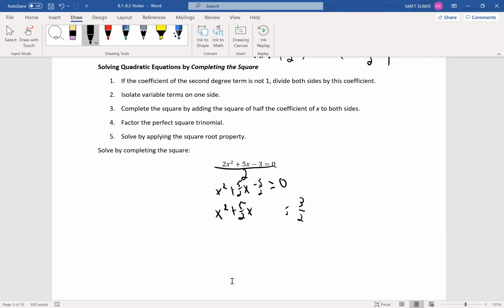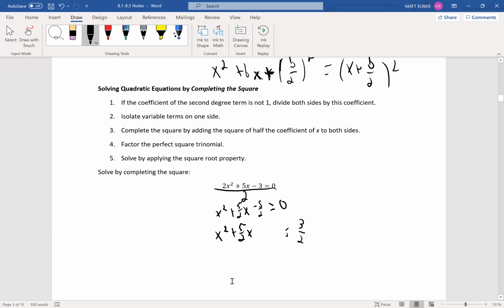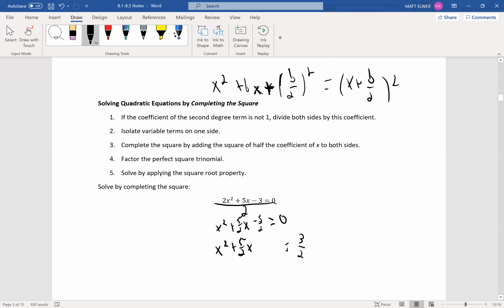The reason I left some space is step 3: I want to complete the square by adding the square of half the coefficient of x on both sides. That's just this b over 2 squared term. Notice that b in this case is 5 halves, and if I divide that by 2, I get 5 over 4.